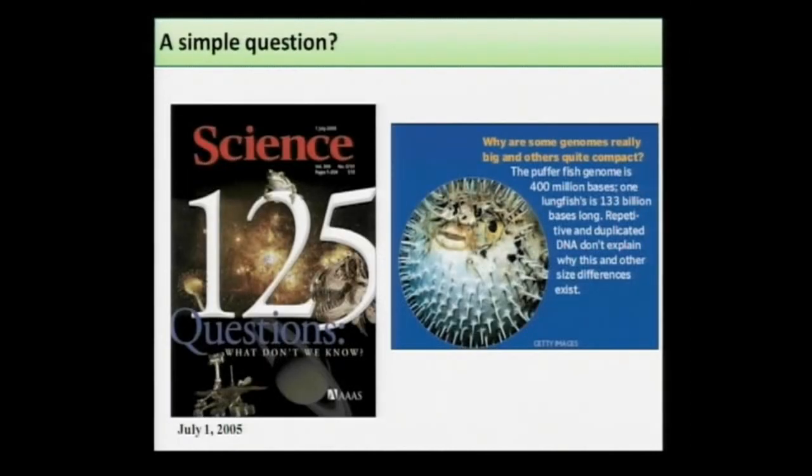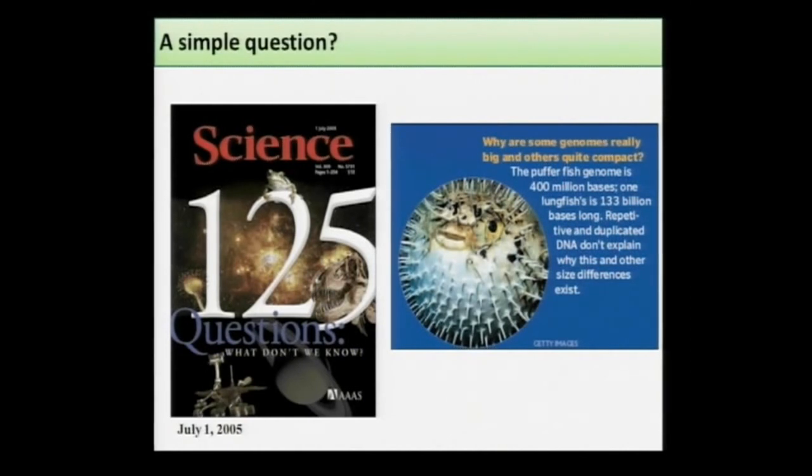So what is that topic, and what do I work on for the most part? Well, on the face of it, a very simple question. Here's how Science put it. They had a special issue in 2005 where they listed 125 questions we still need to answer. And there's lots more than that, of course. But one of them was this one.